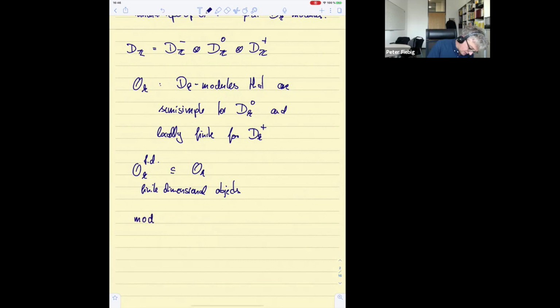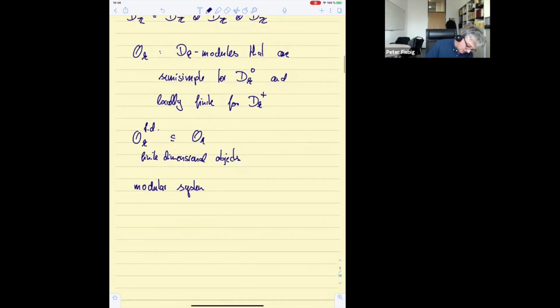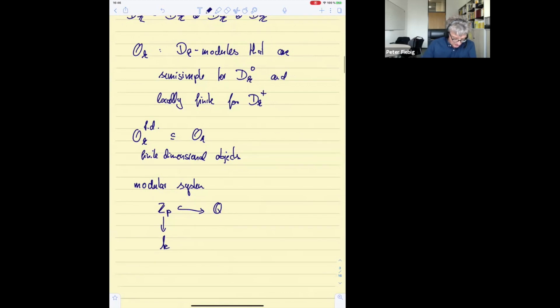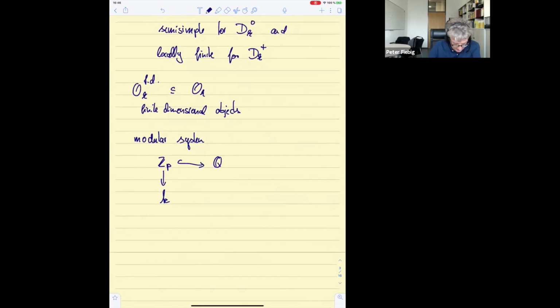So a natural thing to do is now to consider the following modular system. You have your field K down here, and then you have a map from the p-adic integers, which is contained in the rationals. And since the algebra of distributions is defined over Z, you also have the corresponding distributions for the group scheme over the p-adic integers.